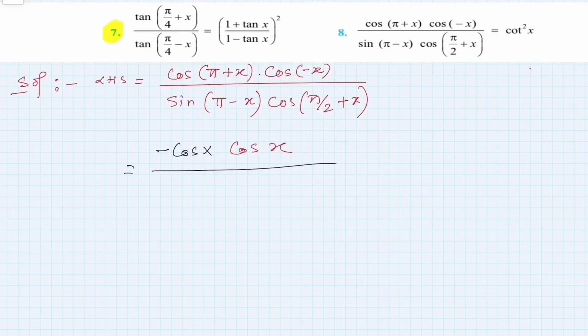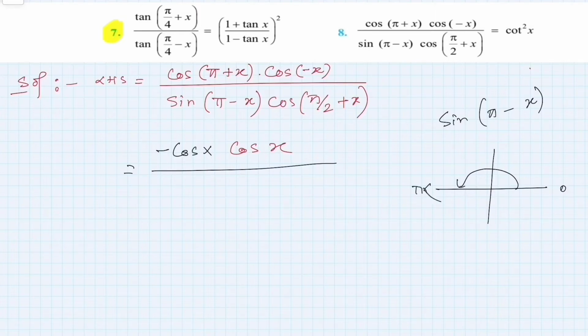What will be the value of sin(pi - x)? Here it is 0, and from here to there it is pi, and pi minus x is going back.